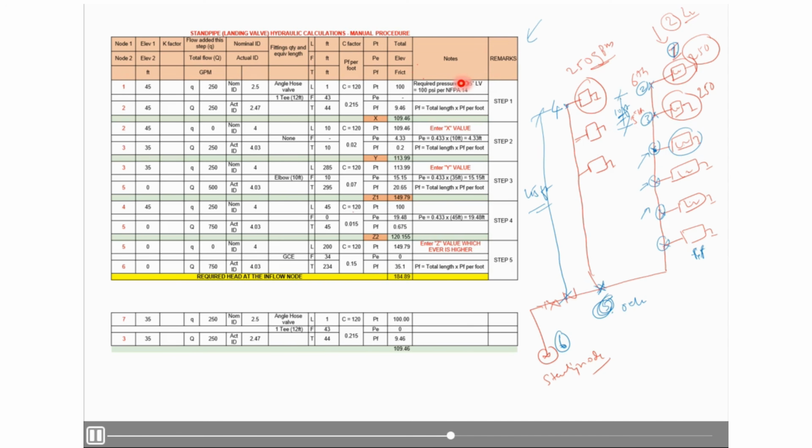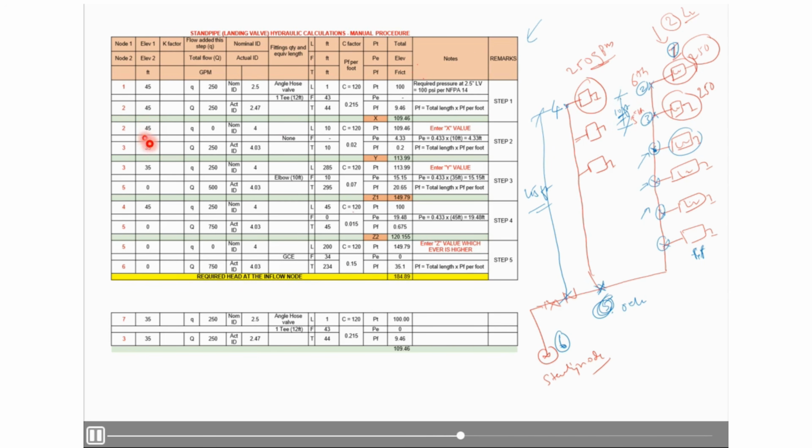You can see on the right hand side I mentioned nodes, you can go through this so that you will be able to understand. And then once we have the pressure required at node 2, I'll go to node 3, I mean 2 to 3. The distance will be 10 feet.